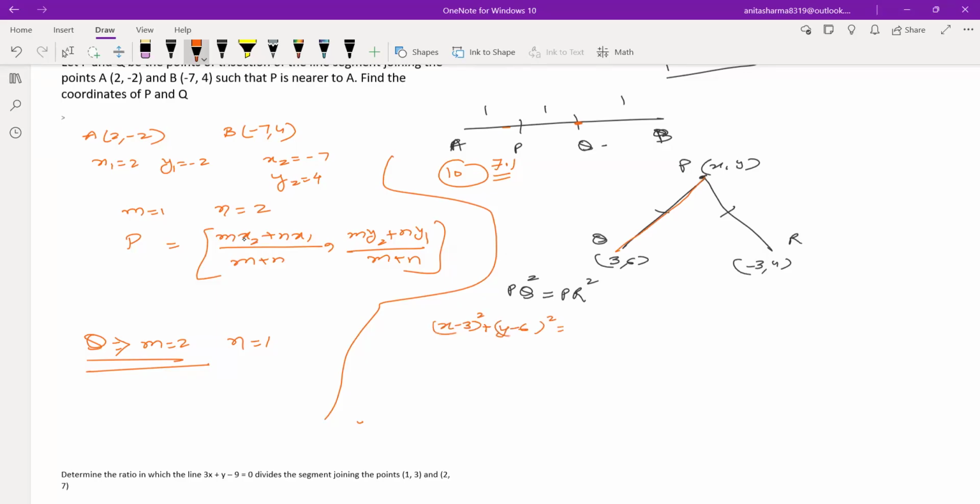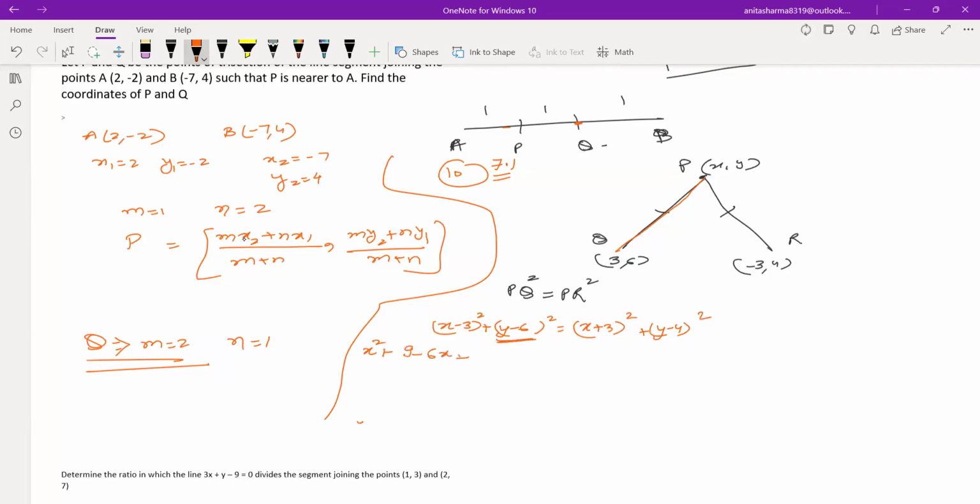Understood, beta? Moksha? Yes, ma'am. Now PR is x plus 3 whole square, and then y minus 4 whole square. Now next step is just open it. (a minus b) whole square is a square plus b square minus 2ab.